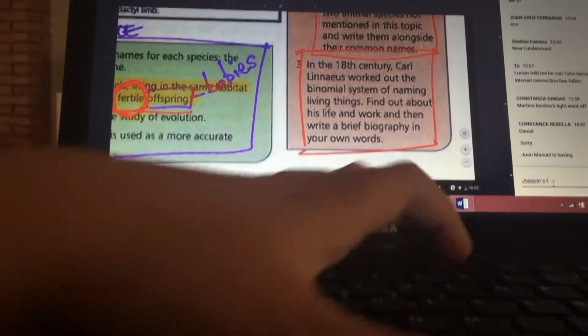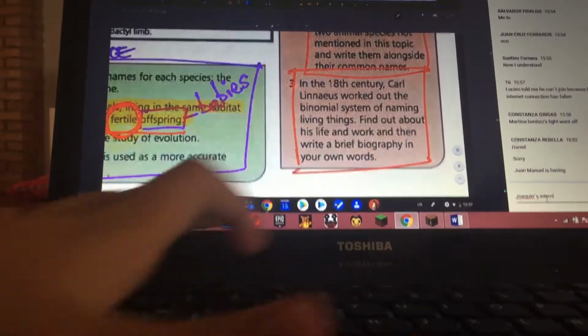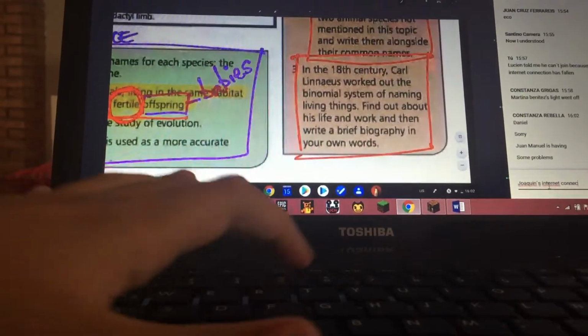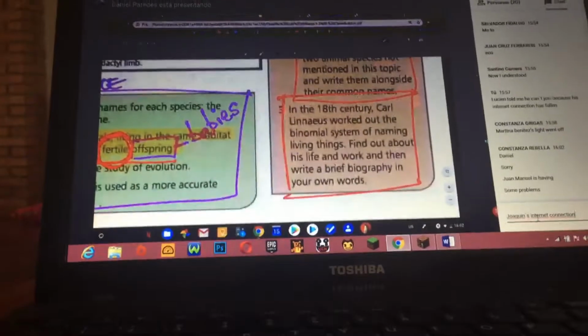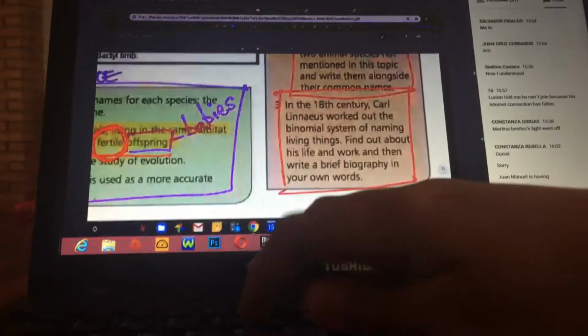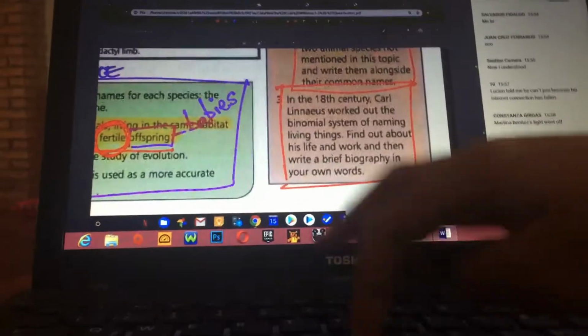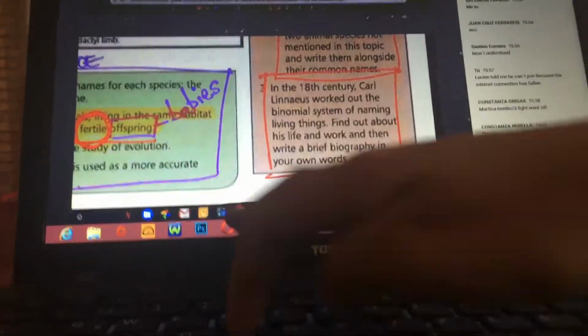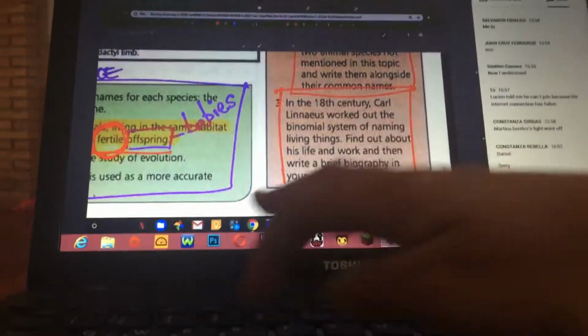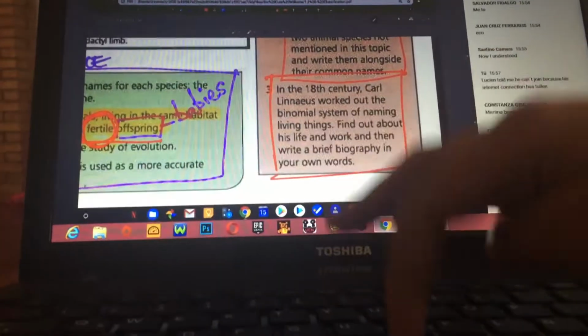Okay? Daniel, yeah, can I say one thing about Carl? Who is this? Salva, the one that you said. I want to pick somebody else, Salvador. I want more students to participate. Okay. Daniel is telling us that Juan Manuel doesn't have a problem connecting to the class.